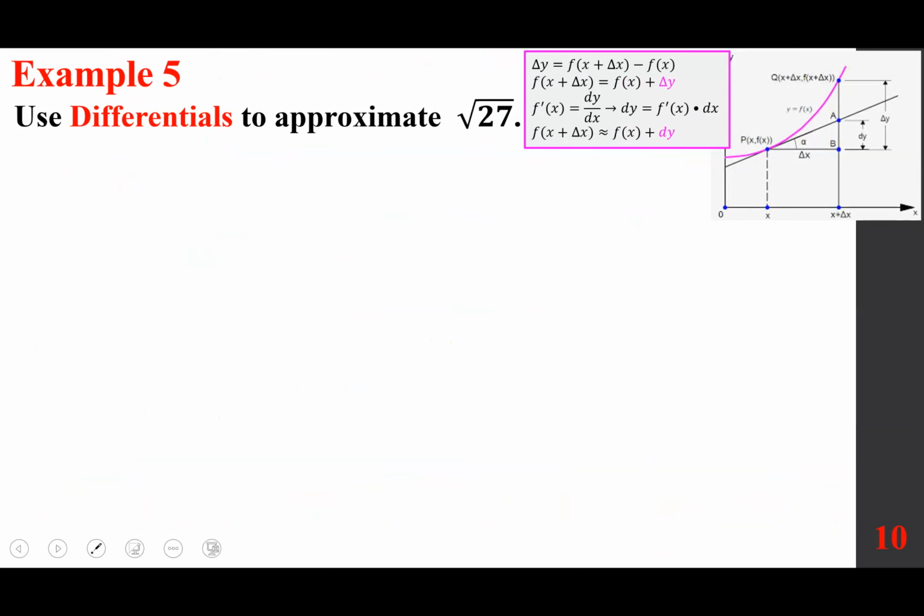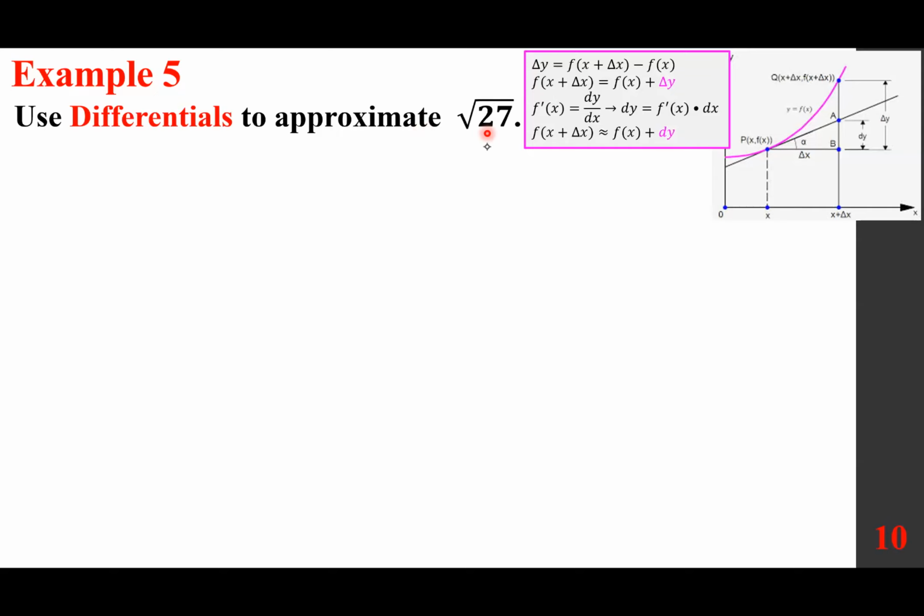We want to use differentials to approximate square root of 27. Same concept. We are looking for a function to represent that.